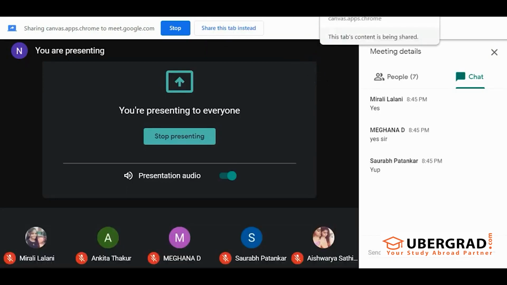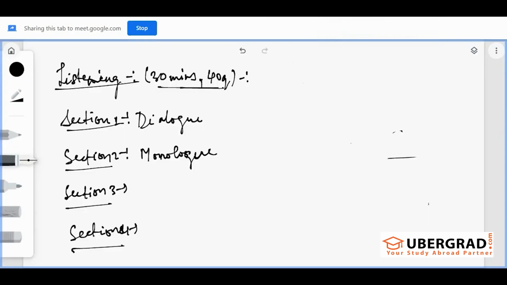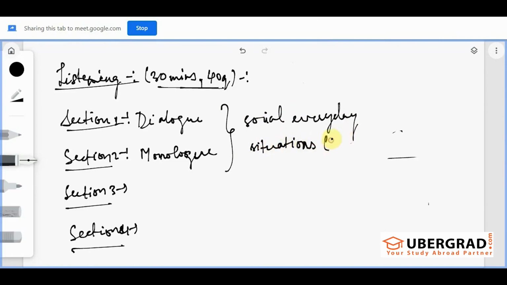And monologue means one person talking. One common thing about both of them is that both are based on social everyday situations. Okay. Or you can say that they are in a non-academic context. Okay. Simply non-academic.